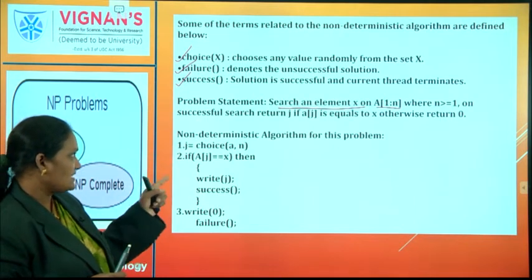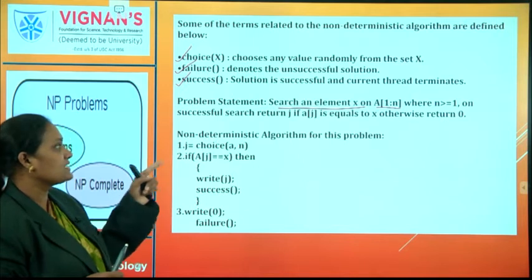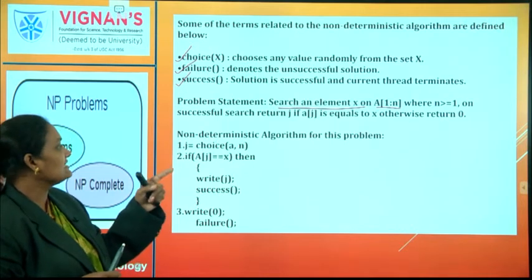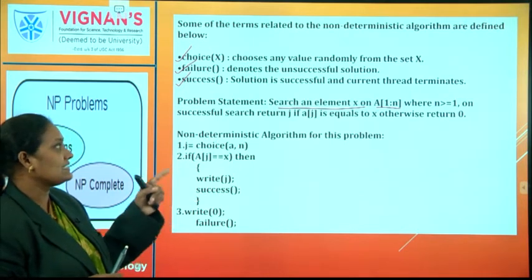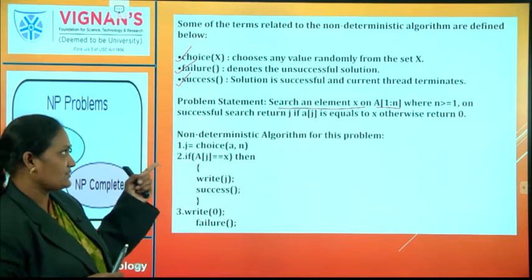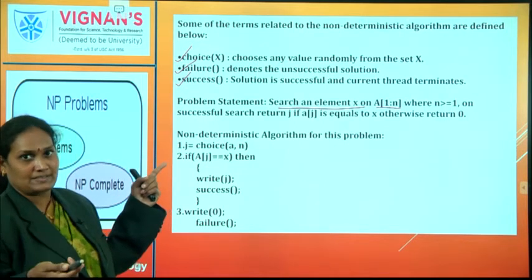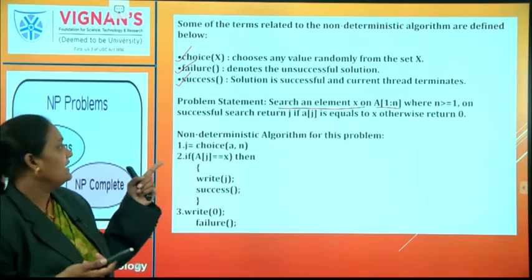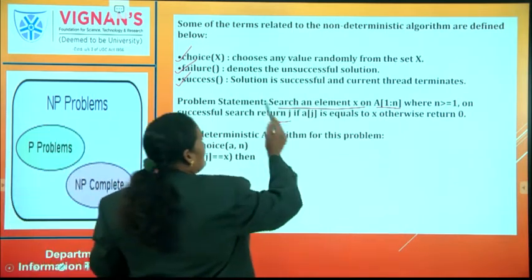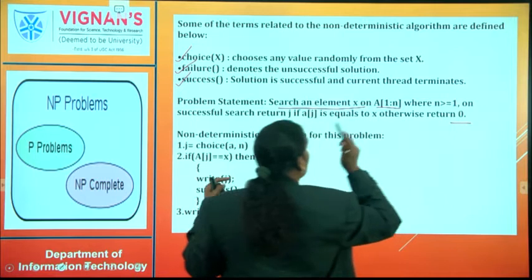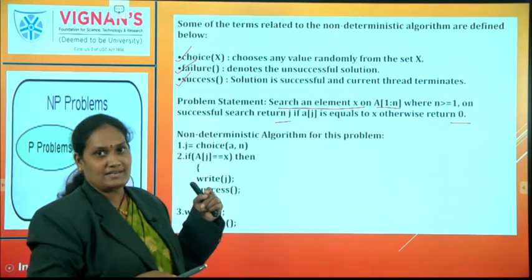On a successful search, return j if A[j] is equal to x, that is, the element x is present at some index j. Otherwise, it returns 0. If it is an unsuccessful search, it returns 0.